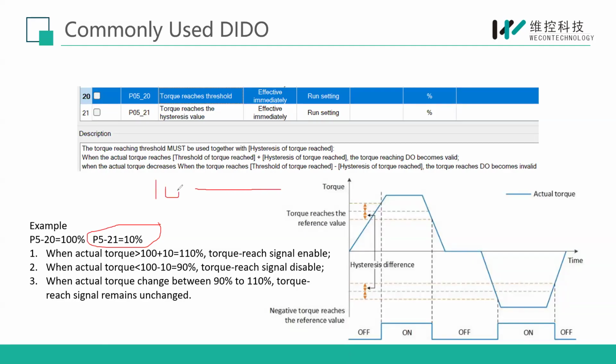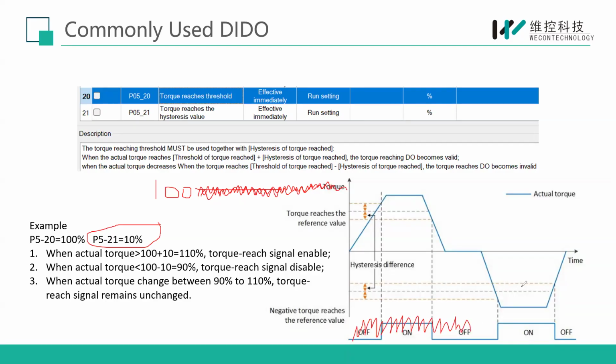For example, we set it as 100%, and when it achieves 100%, it may change like this, maybe between 95, 97 to 102 or 103. There will be a range, always changing. So if we didn't set this 10%, what will we get? We will get a torque reach signal like this, always changing.